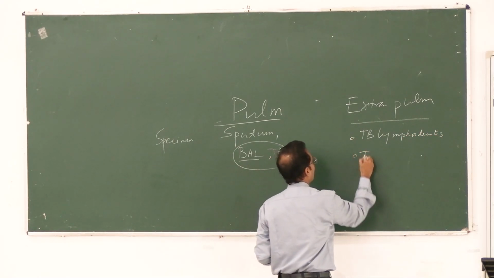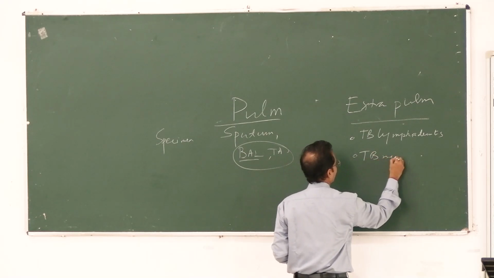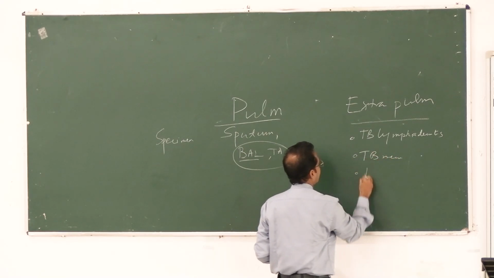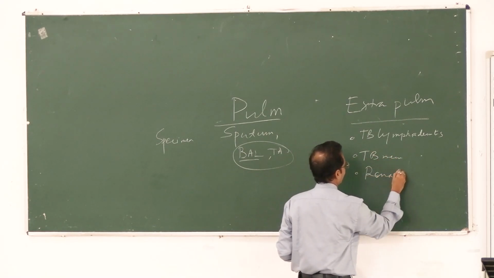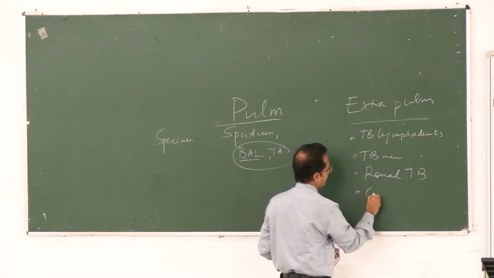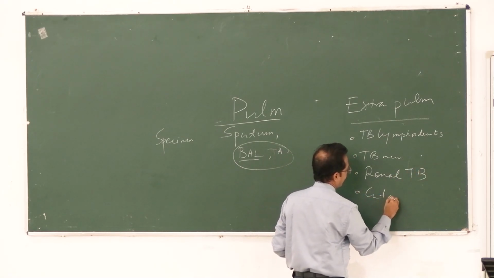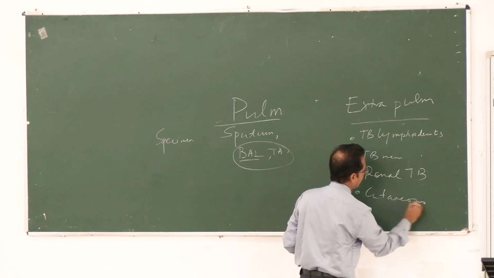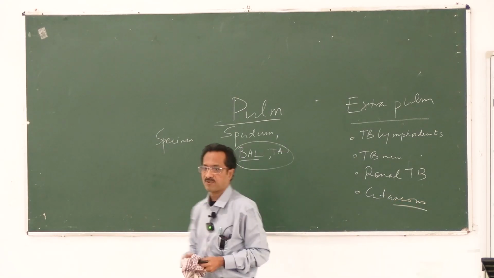You can also have tubercular meningitis, renal TB, and cutaneous TB or skin infection. So these are some extrapulmonary tuberculosis.